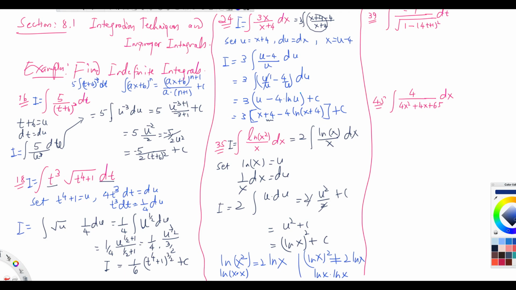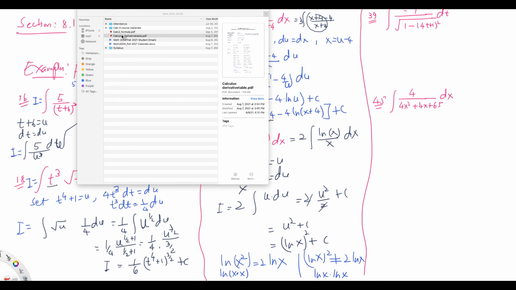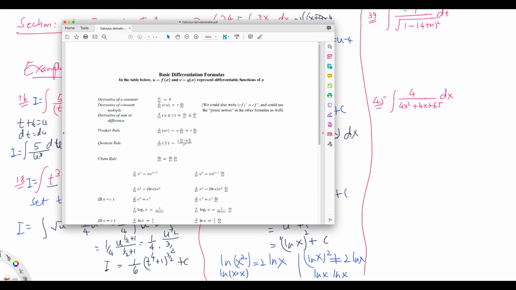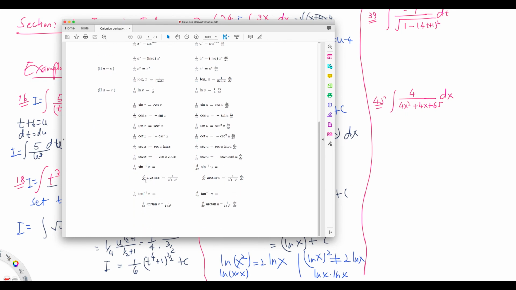The derivative formula, what I'm going to show you here is the inverse function formula. The derivative of sine inverse x is 1 over root under 1 minus x squared, right? And the derivative of sine inverse u is 1 over root of 1 minus u squared times du over dx.